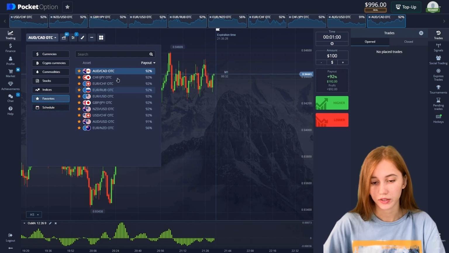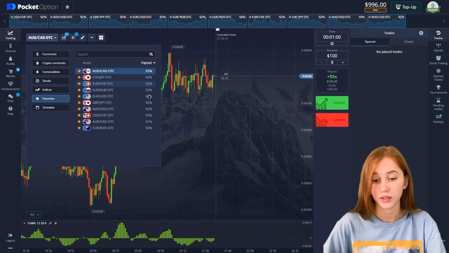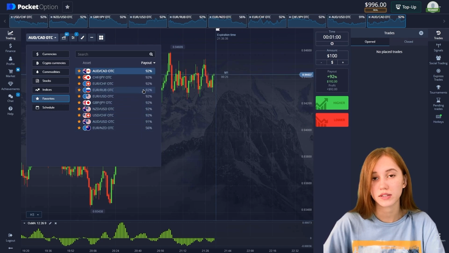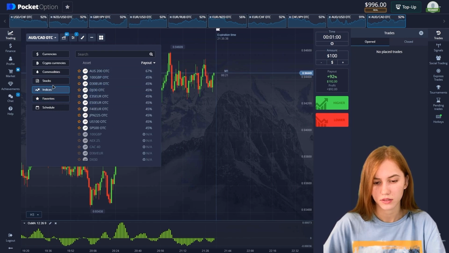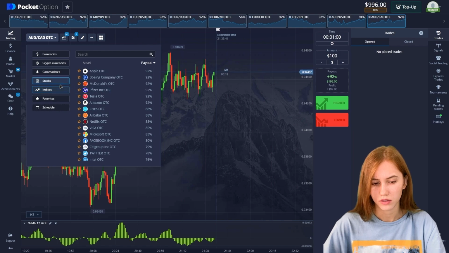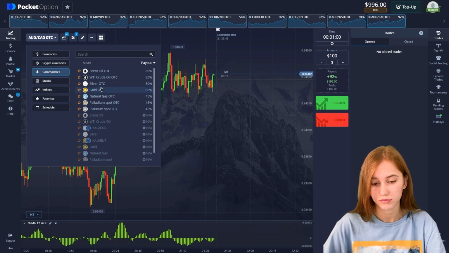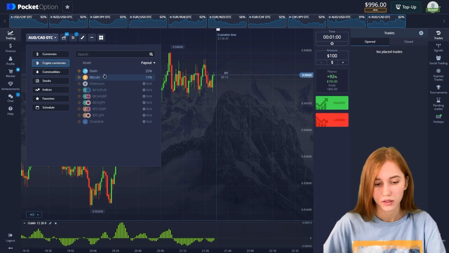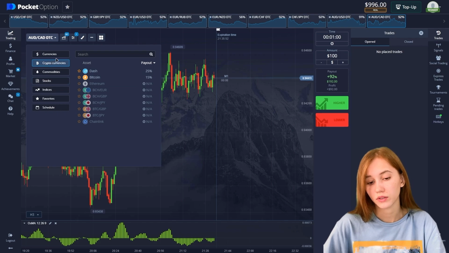The payout percentage is good. I advise you to choose a payout percentage of more than 70%. Also, here there are assets: silver, gold, oil. In crypto, we traded on concept pairs.